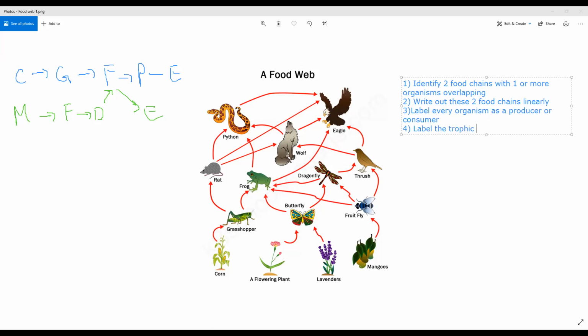Label the trophic levels of every organism. And label each consumer as primary, secondary, or tertiary consumers, etc. Pause the video now and give it a shot.